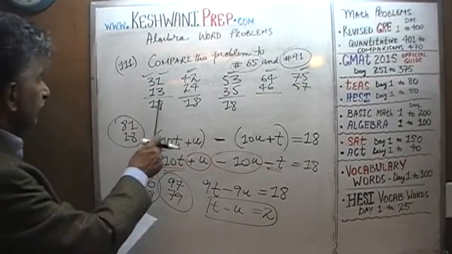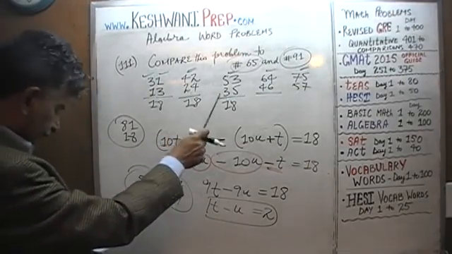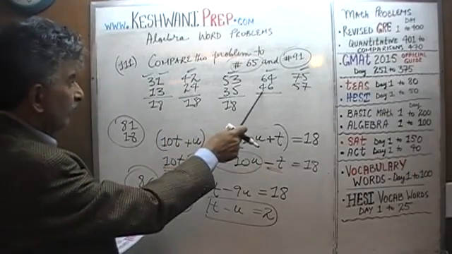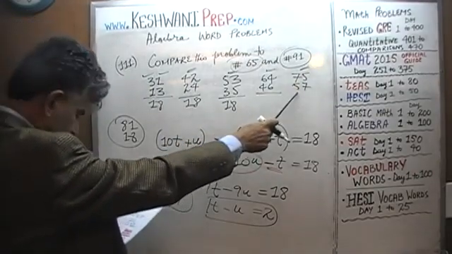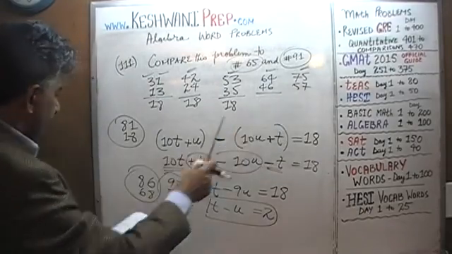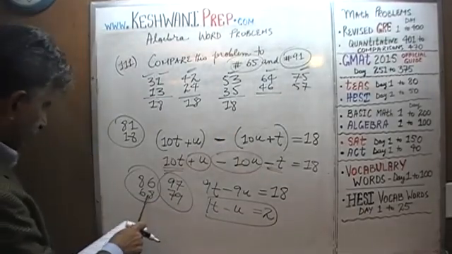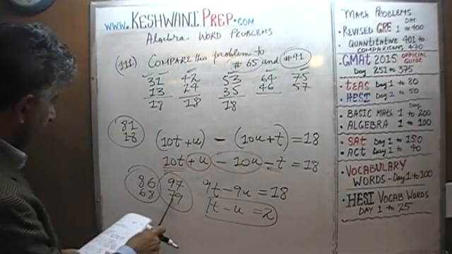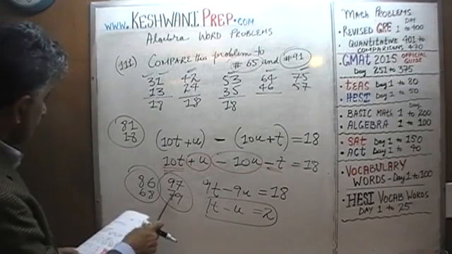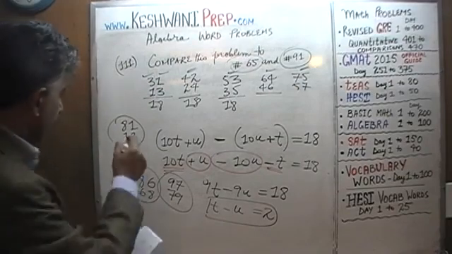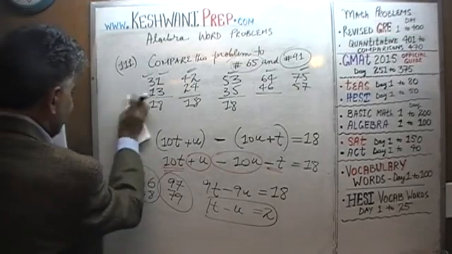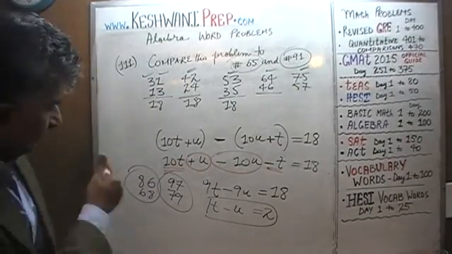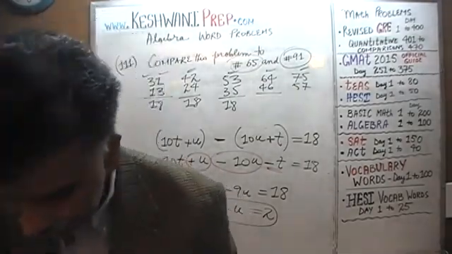We have 13, 24, 35, 46, 57, 68, 79. That's nonsense. I don't know what I was thinking. That's a difference of 7. That's it. Those are the possible scenarios here.